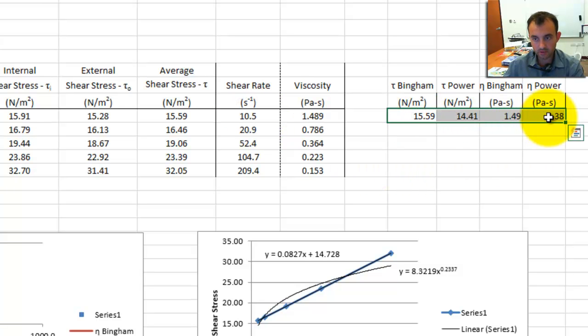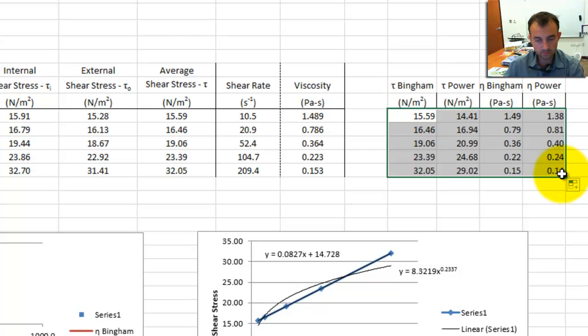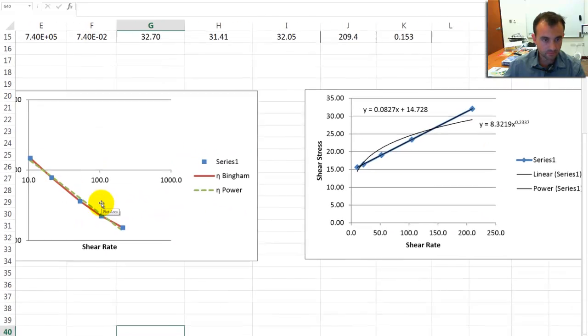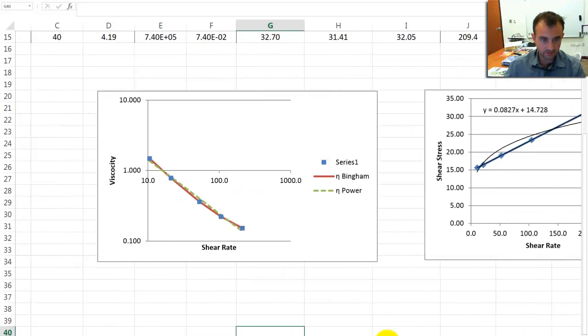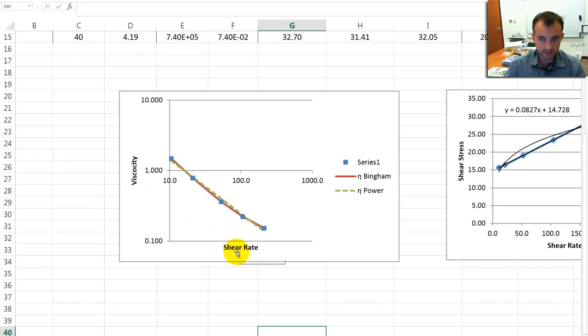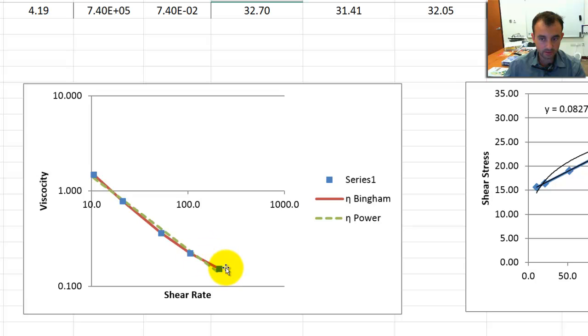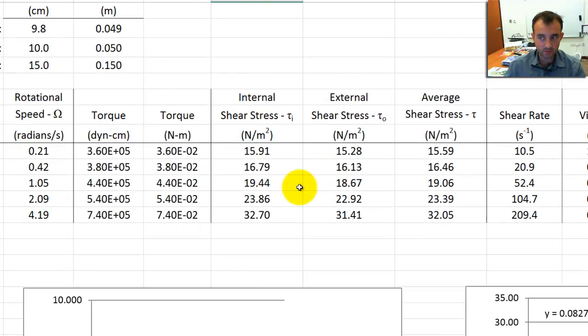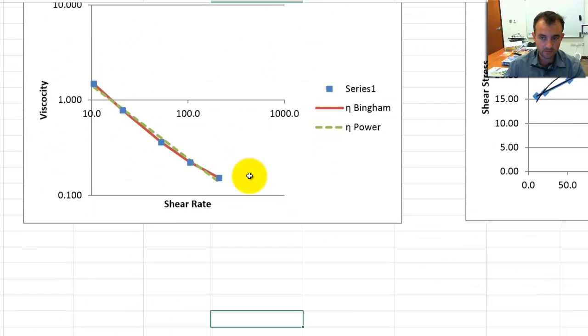And now I drag all the calculations down. I see automatically that the other graph is also created. So let's zoom in and see. This graph is viscosity versus shear rate. I can see with the blue rectangles the input data, the input data that came from the bob viscometer measurements.